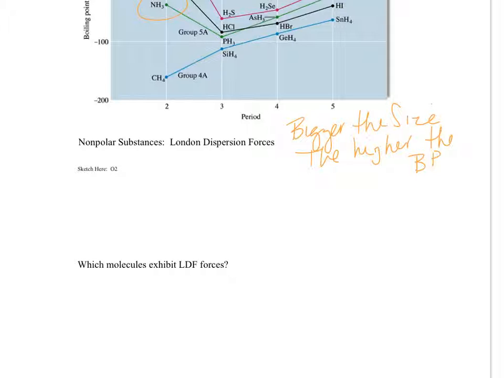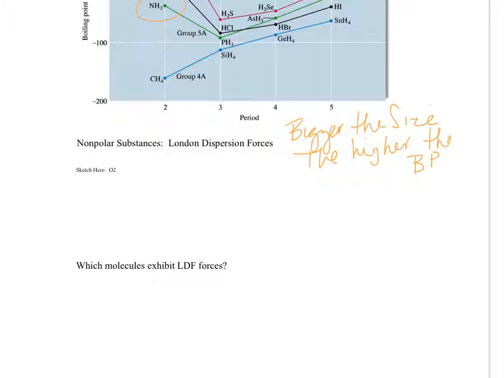And that's because electrons are not evenly distributed, and we don't know where an electron is in every instance of time. So let's look at the oxygen molecule. So you've got oxygen, and it's got two lone pairs of electrons.